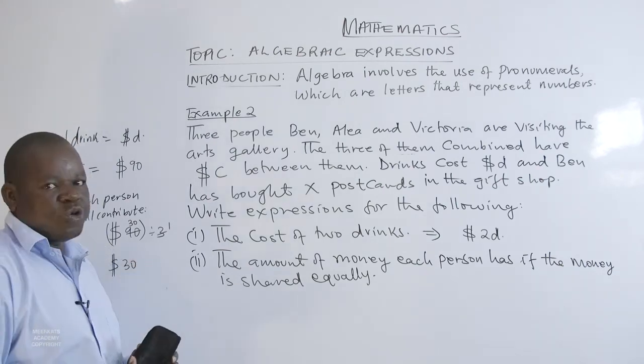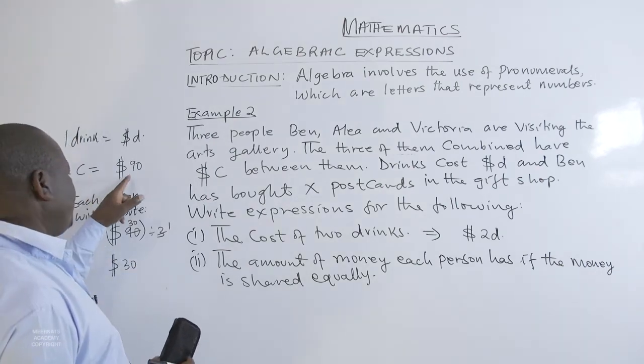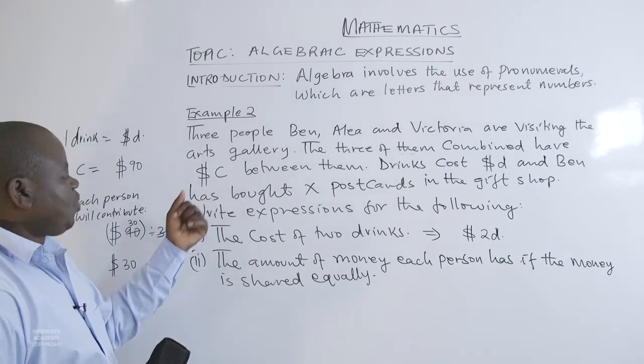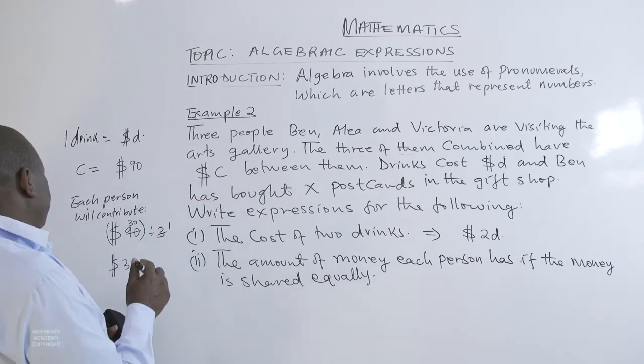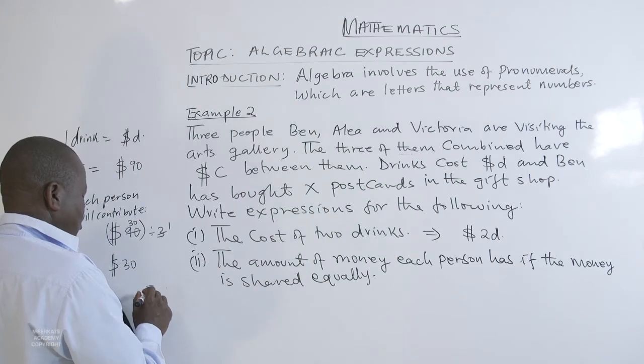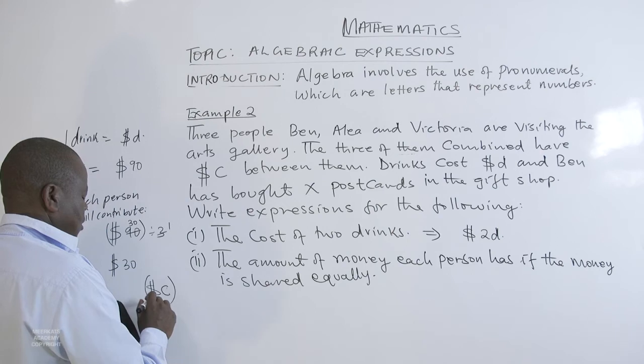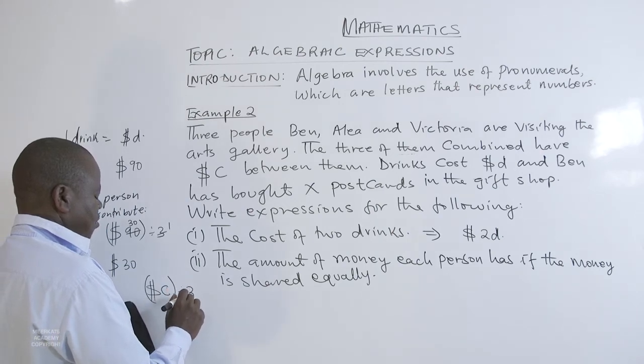That is an example where we know the specific value of C. But because we don't know the specific value of C, it will just be C dollars divided by 3.